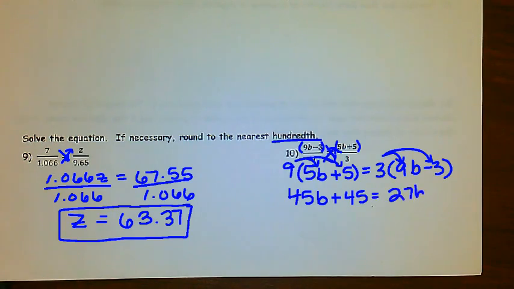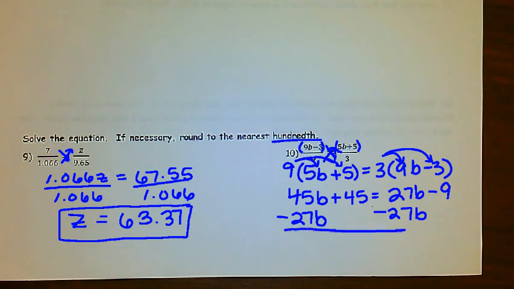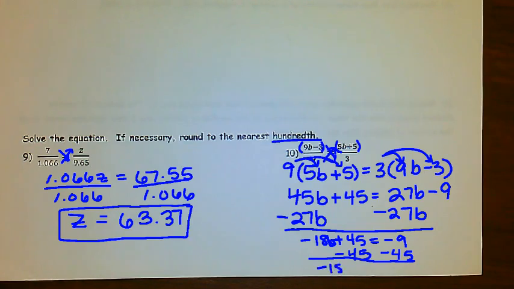Okay, so all I'm doing is distributing in. Move your decimal, move your variable. Negative 18b plus 45 is equal to negative 9 minus 45. So negative 18b is equal to negative 54.